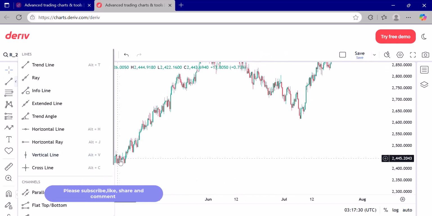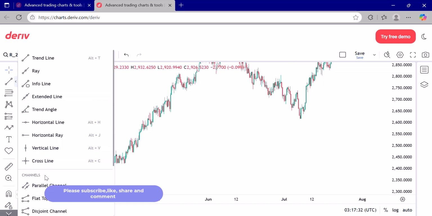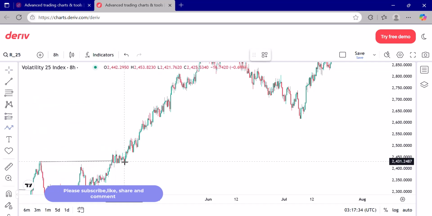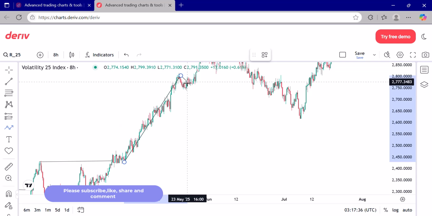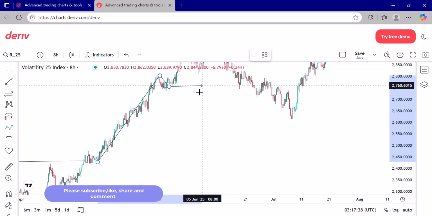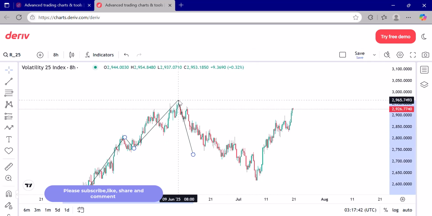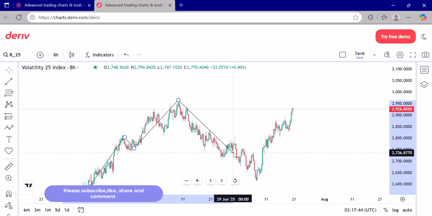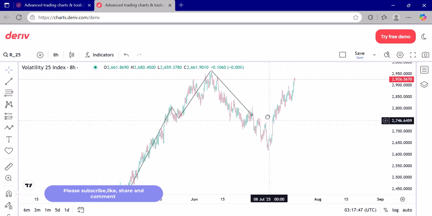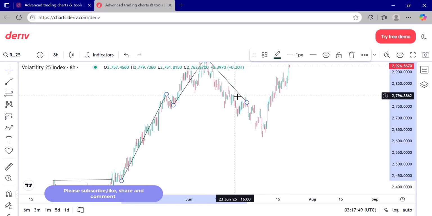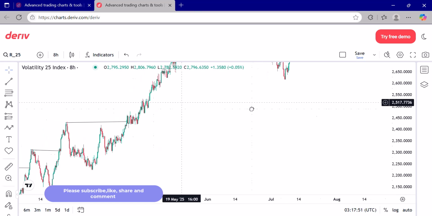You can just say the market moved this way, and there was a retracement. There's a break of structure, and then it went on and on.